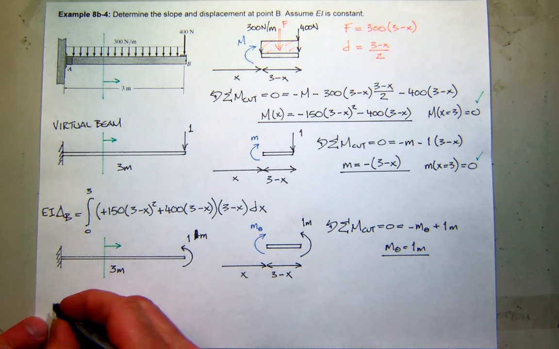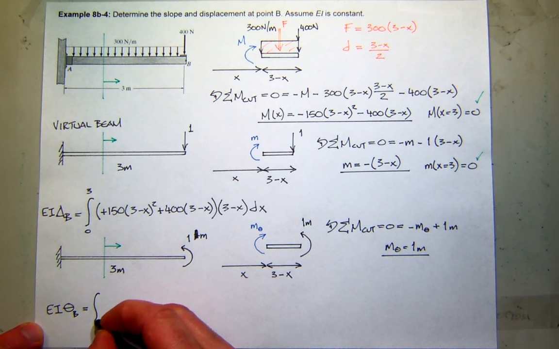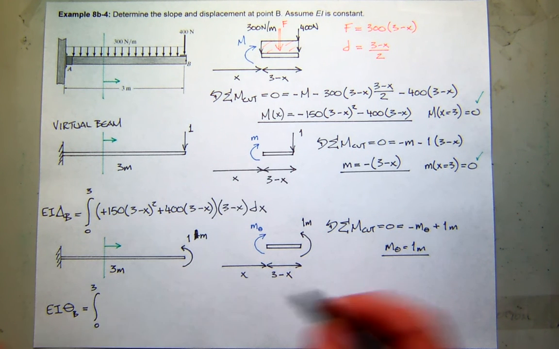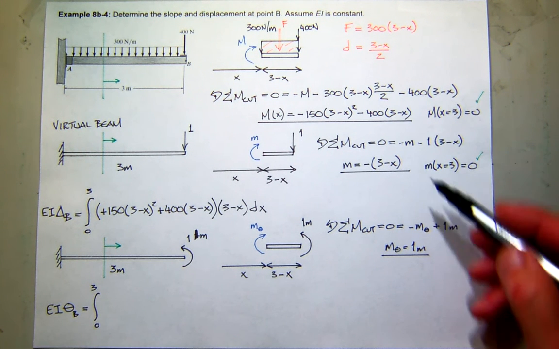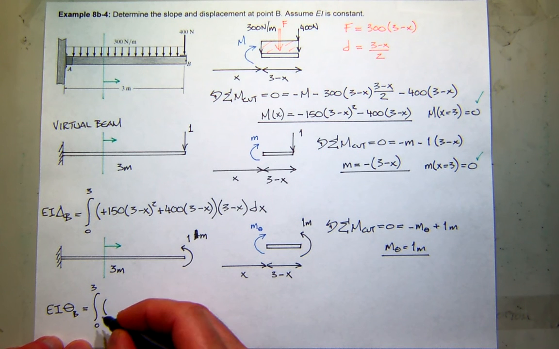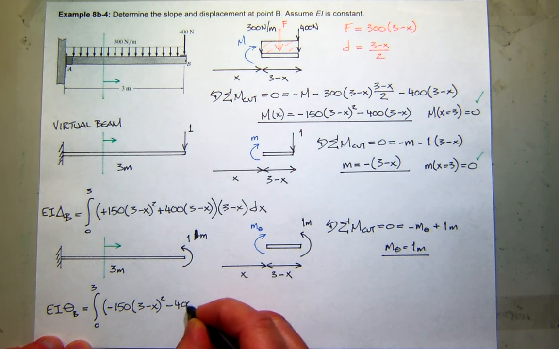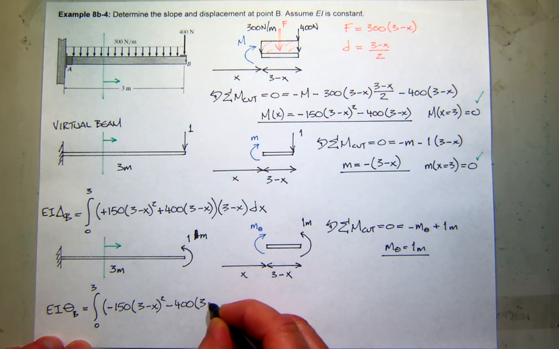So to write the expression for the slope at B, I'm now going to integrate along the length 0 to 3 the real moment times the virtual moment. And that just ends up being negative 150 (3 minus x) squared, minus 400 (3 minus x), and integrate that.